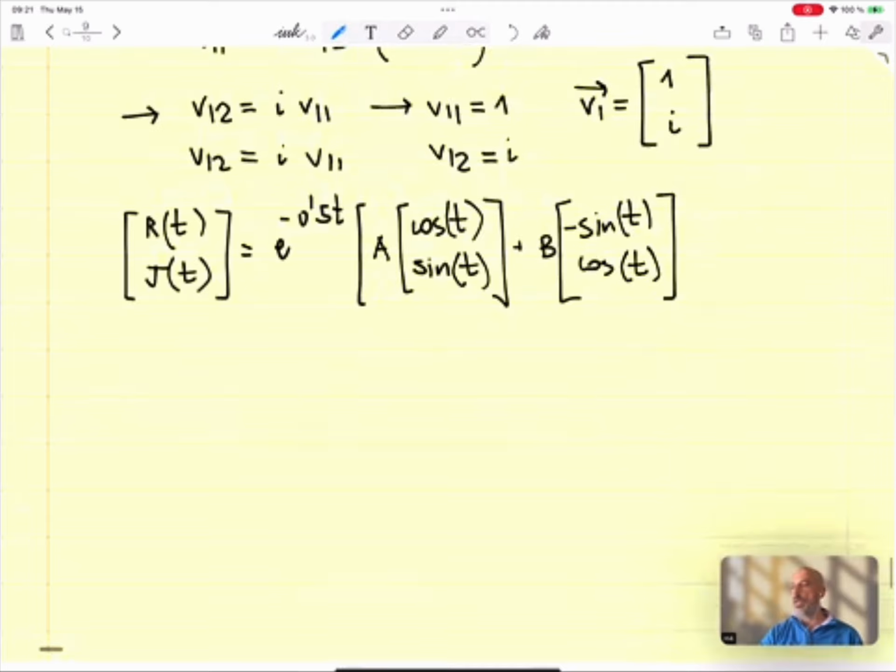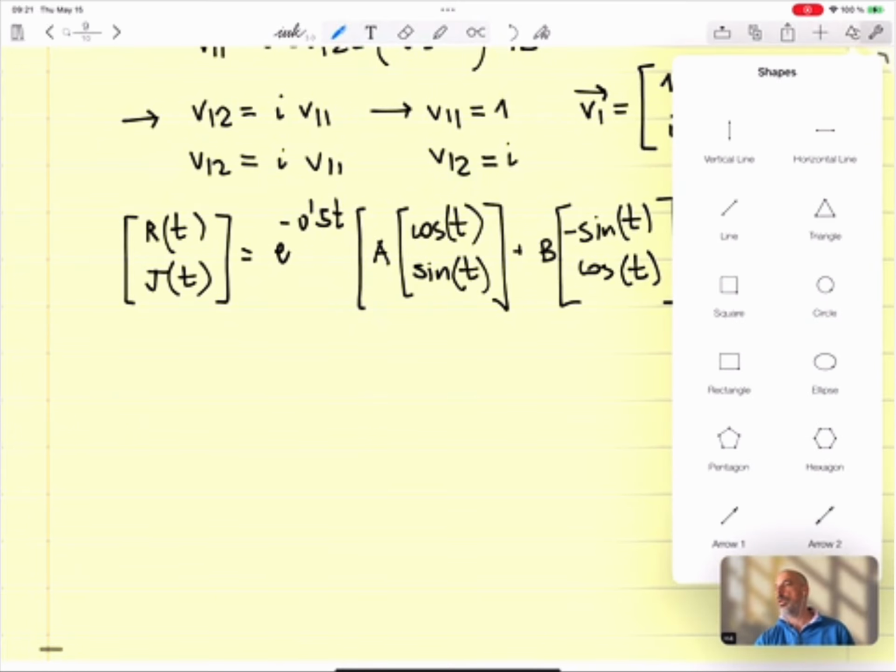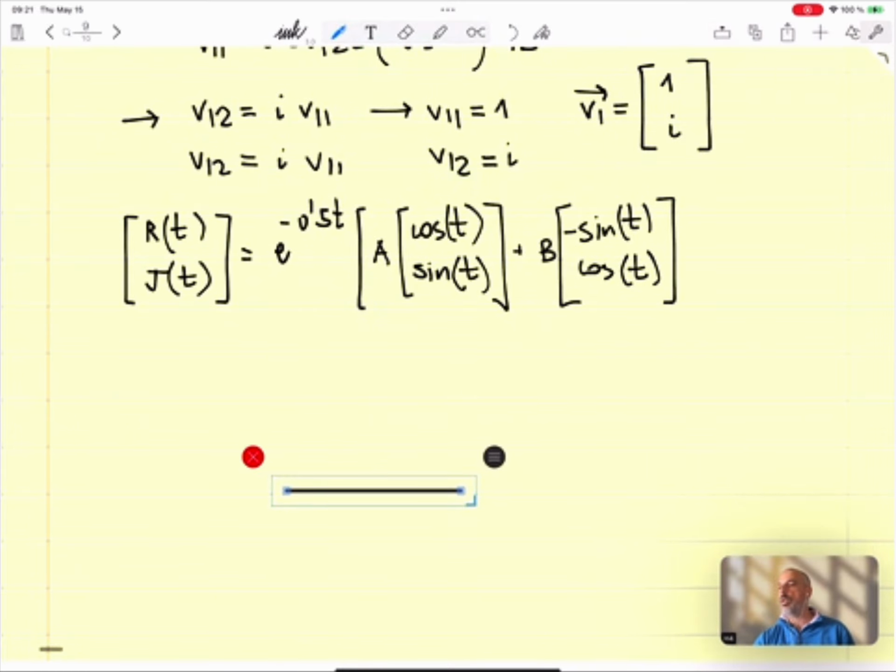Okay, this is the equation, but what does it look like? How can we explain it? Okay, let's look at it from a qualitative way, and let's explain what happens.